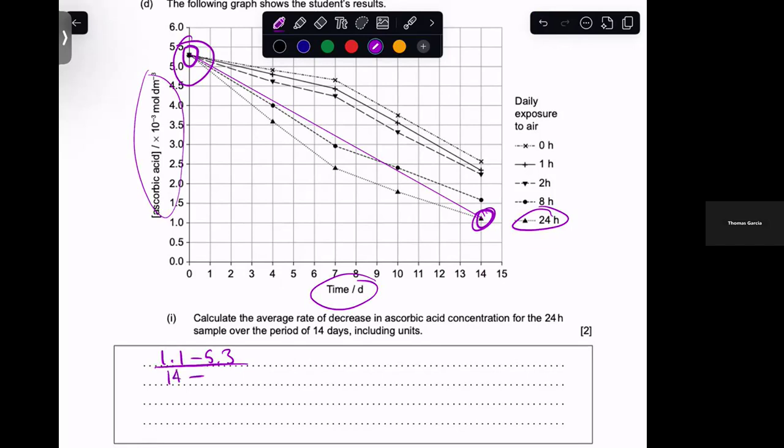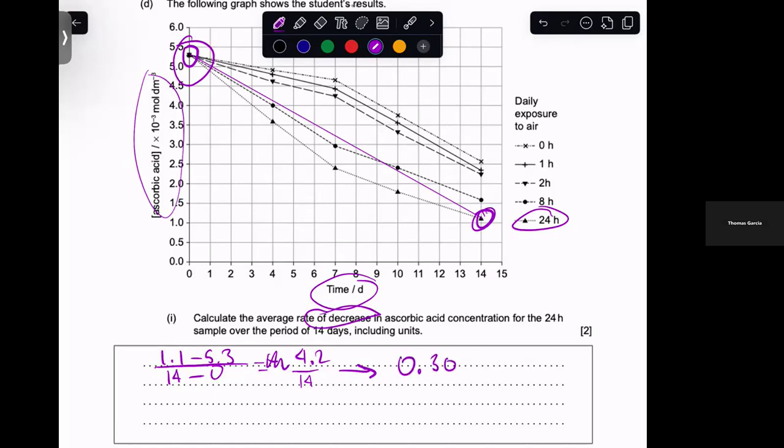And 14 minus 0. That's going to be negative 4.2 over 14, which, to be fair, they're asking for the average rate of decrease. So I'm just going to remove this minus sign because we already know it's a negative because we're saying rate of decrease. So 4.2 over 14 is 0.30.